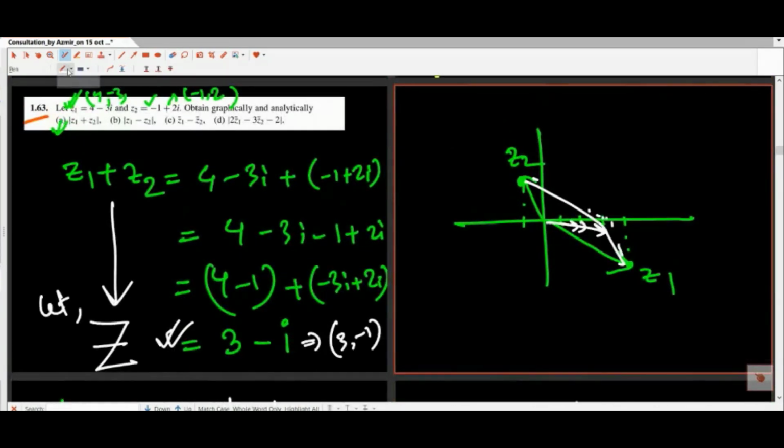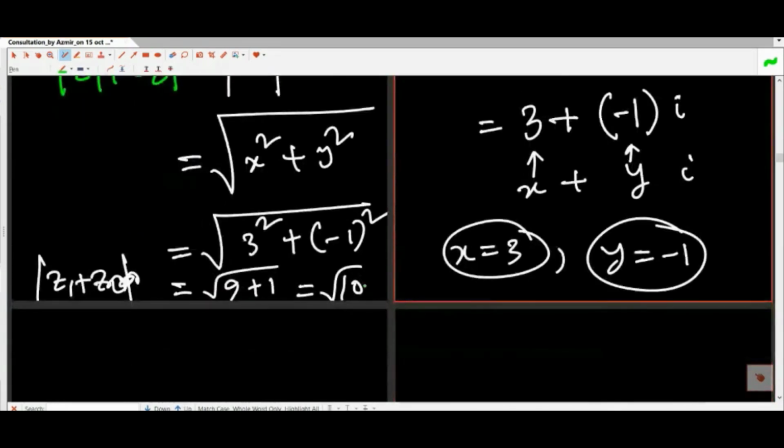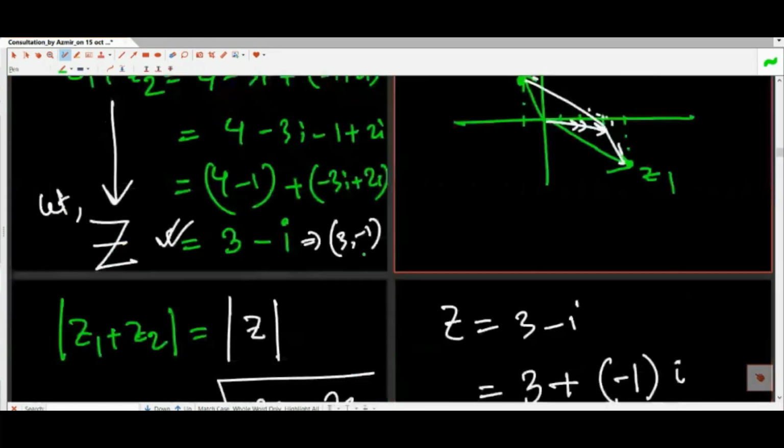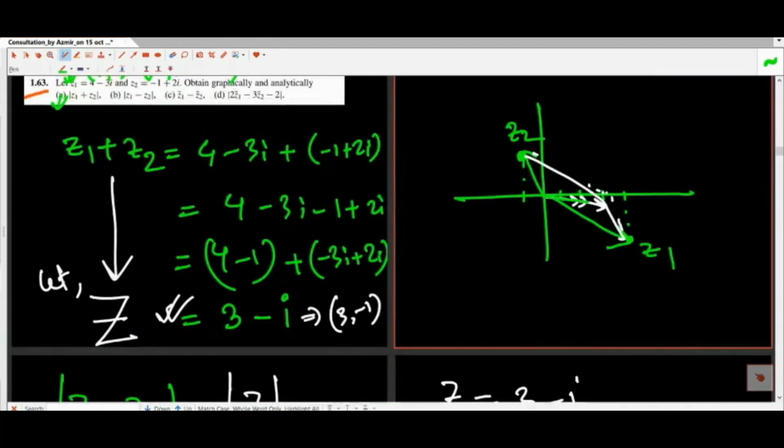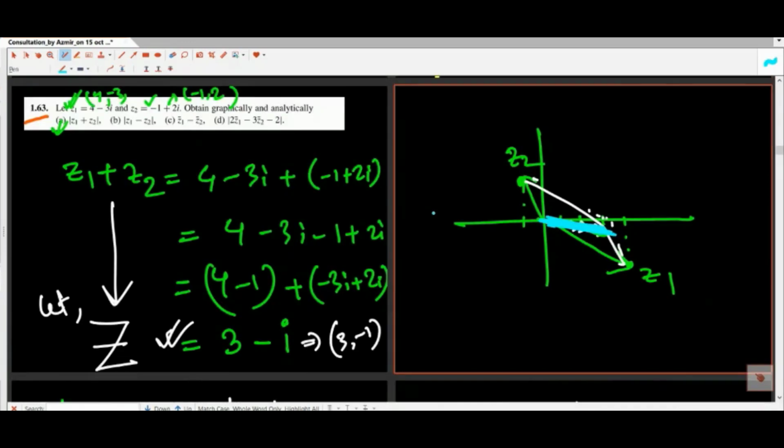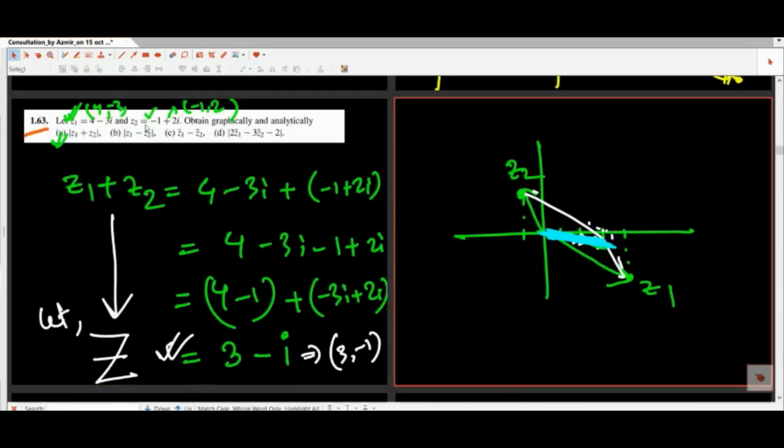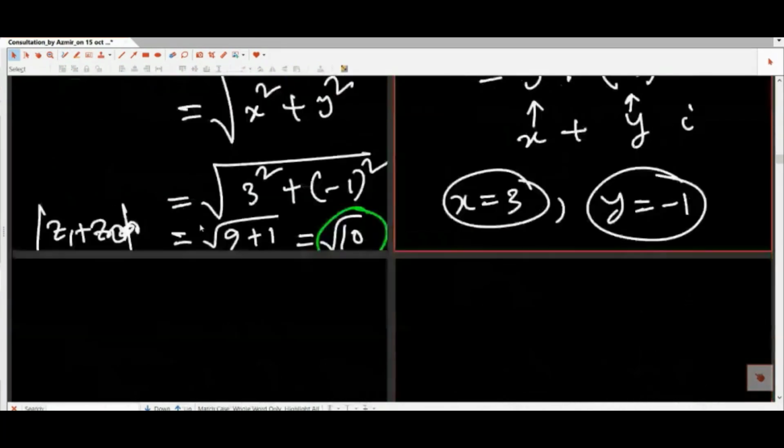Geometrically, the modulus of z1 plus z2, root 10, is the distance from the origin to the point. Okay, so let's solve another problem from the same part.